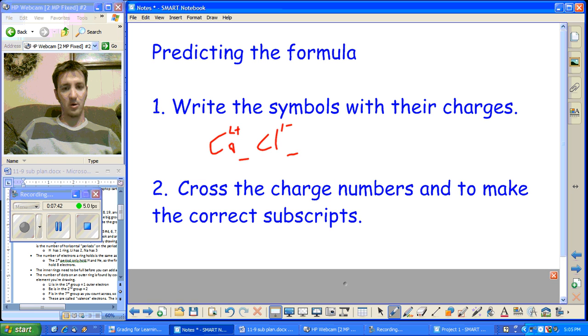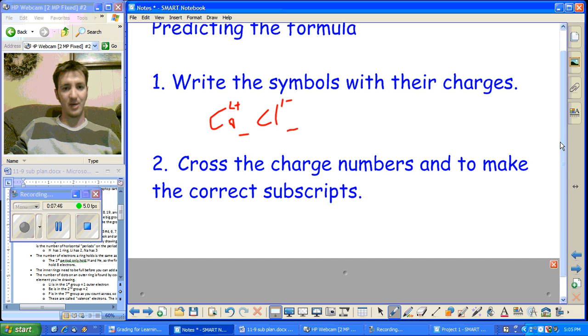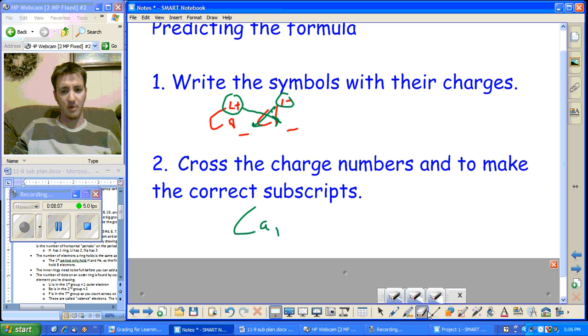A way that almost always works is once you have that, you take the charge for each one and you cross it down. You take the charge and you cross it down. And so what you get is calcium, and if it's a 1, you don't have to write a 1, because if there wasn't really one of them, then we wouldn't write it in the first place. So just write calcium.